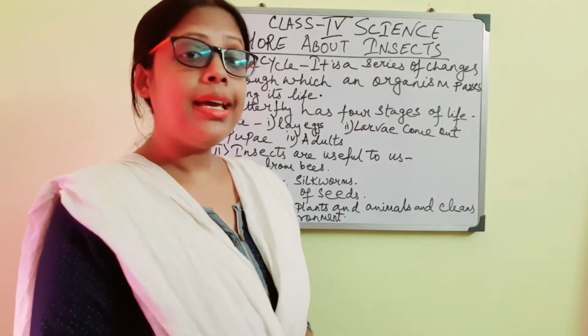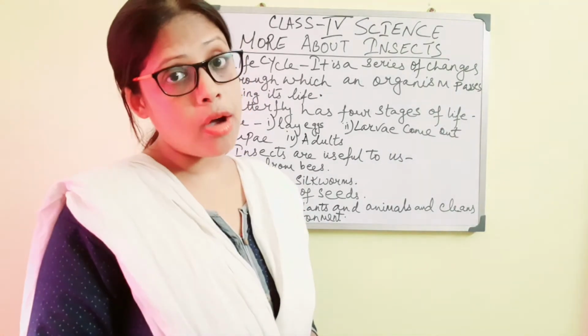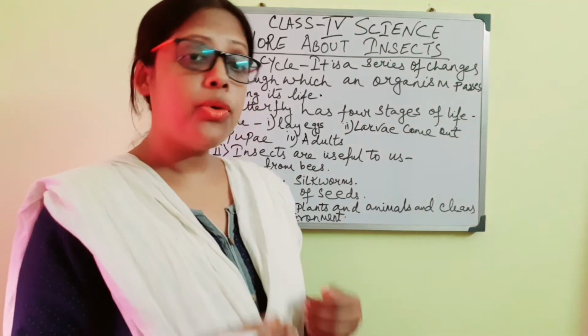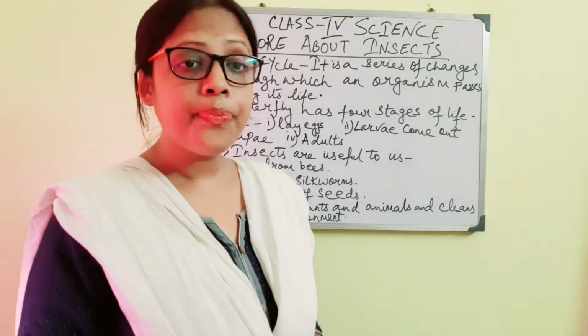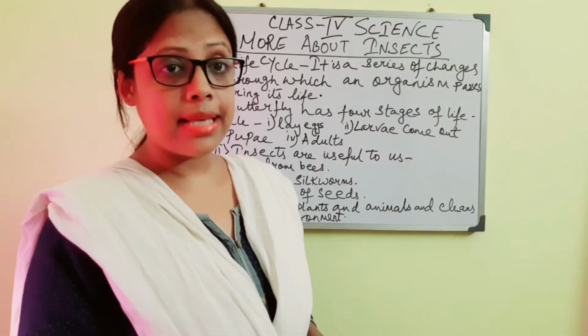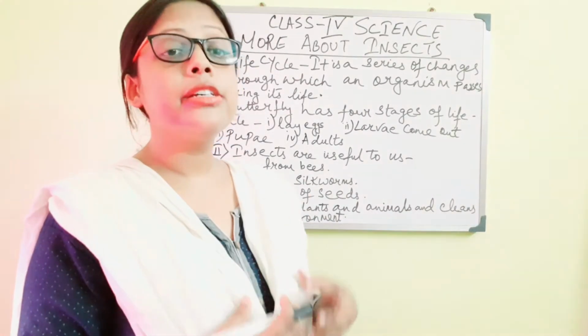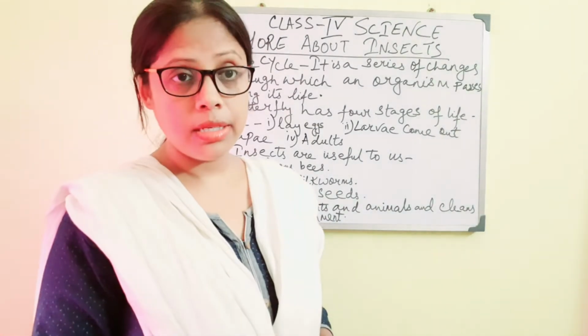So not only honey, we also get other products like crayons. You all use crayon colors. So these crayons we get from the bee wax. And from where do we get this bee wax? We get it from the beehives.